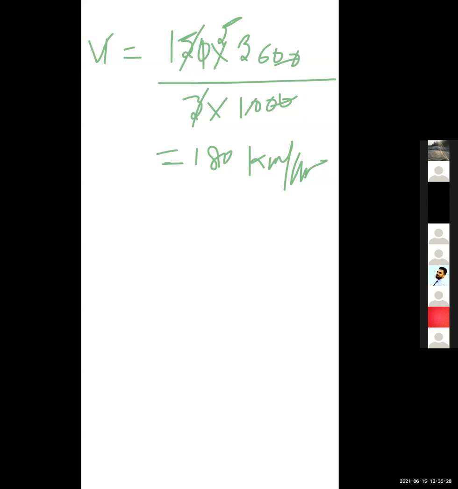So listen to the question carefully. If a flat terrain with a varying flying height, okay, so H is varying and terrain is which type? Flat. Okay, so in that condition, what is the scale of vertical photograph?